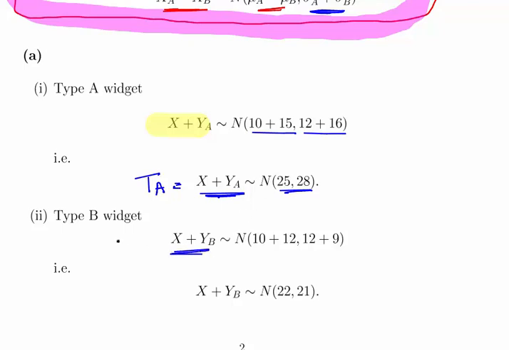Likewise, the total time for B is the preparation time, which is common to both, and then the finishing time for widget B. So it is 10 plus 12, and 12 plus 9, so that ends up as a mean of 22 and a variance of 21.